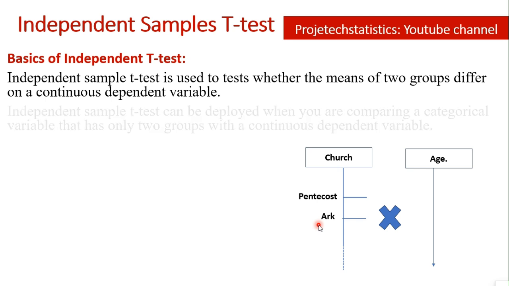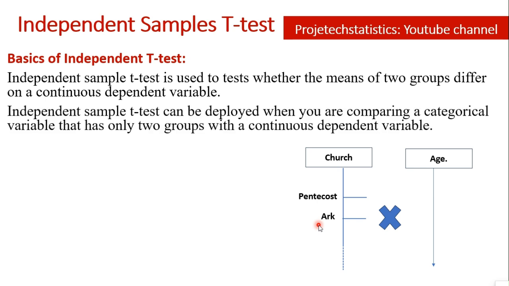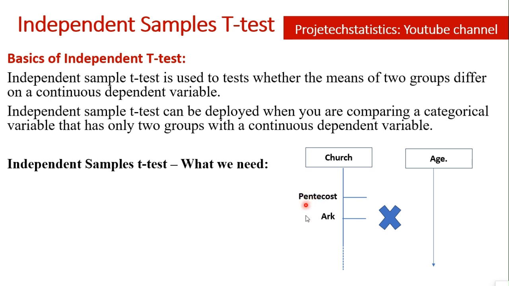Now we need to understand why we are using SPSS. How does the data we have suit the independent sample t-test? As you can see, the two variables we have are church and age, and church has two groups, the Pentecost and the Ark ministry, against age.